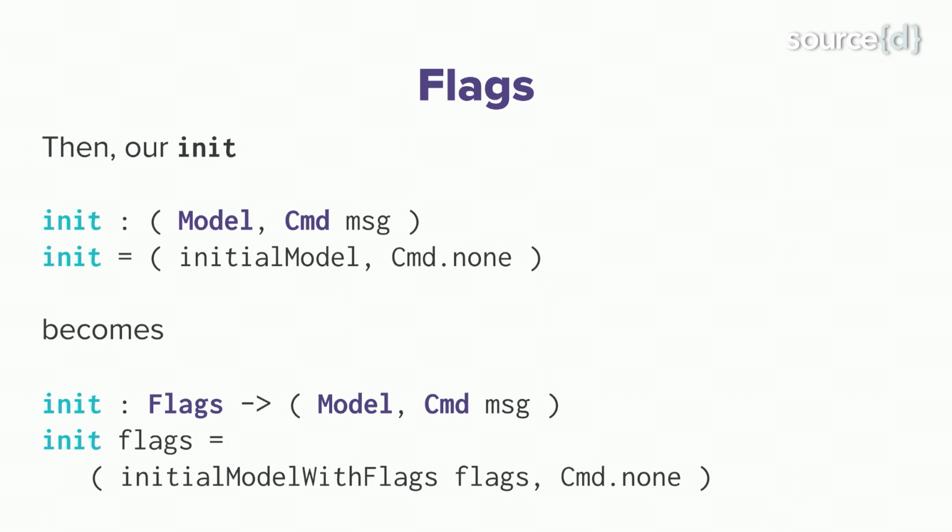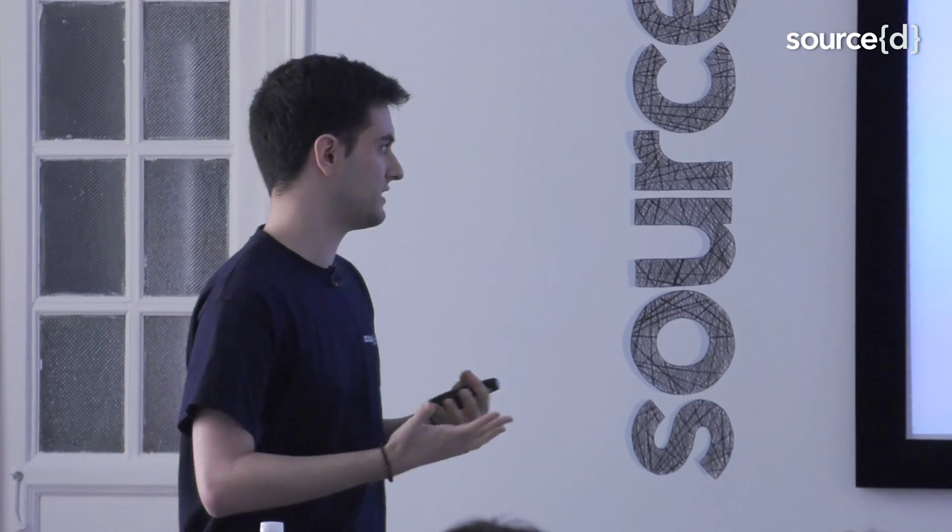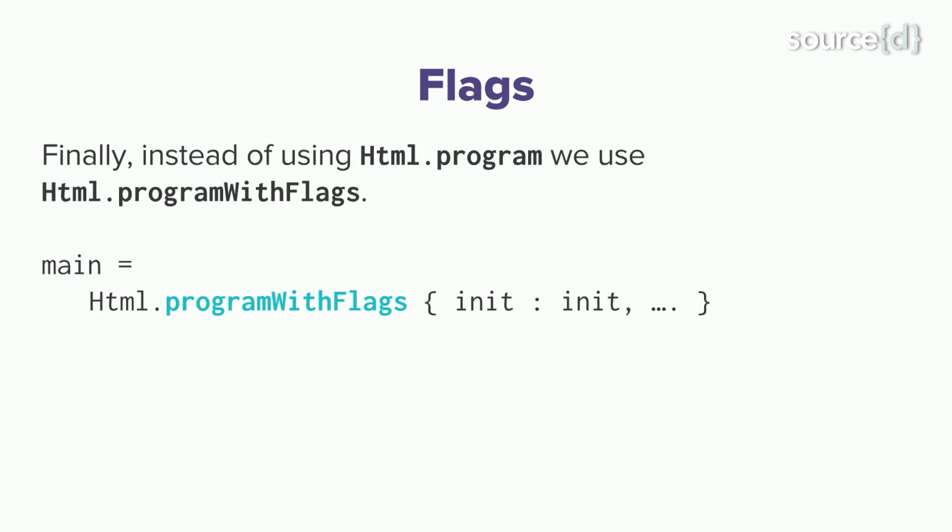Instead of having this, we transform it into a function that, given the flags, returns us the initial model and the initial command. So you can use the flags to set something in your model, which will be your state, and then you'll have it there throughout the rest of the application.